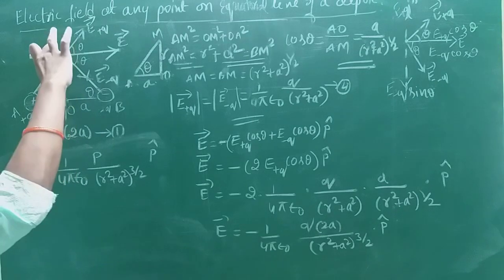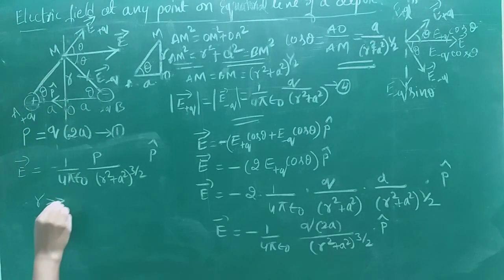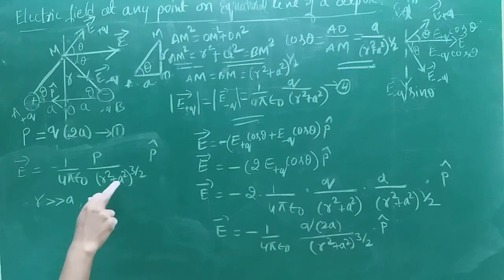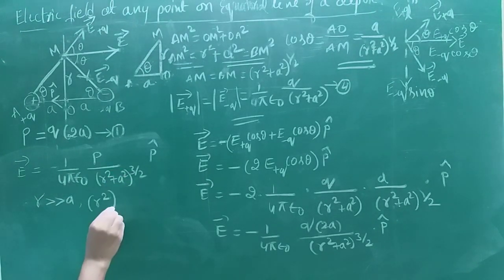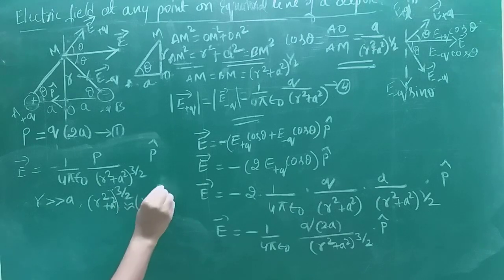For a short dipole, R is very much greater than A. So as compared to R square, A square is too small and can be neglected. By neglecting this, the remaining is R square power 3 by 2, and the 2 and 2 get cancelled, which is equal to R cube.